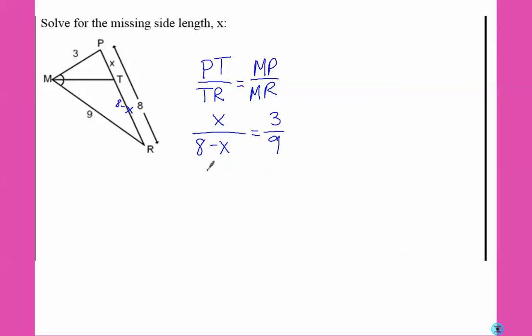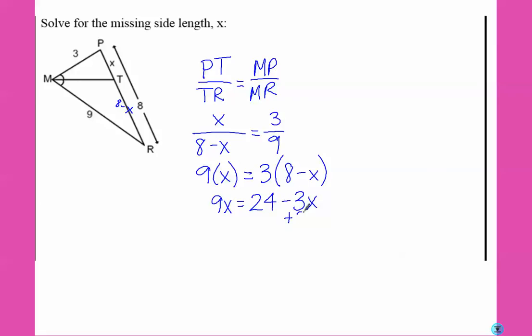Now we're going to cross multiply. 9 times x is going to equal 3 times 8 minus x. 9x equals 24 minus 3x. Add 3x to get our like terms together. 12x equals 24, so x is 2.